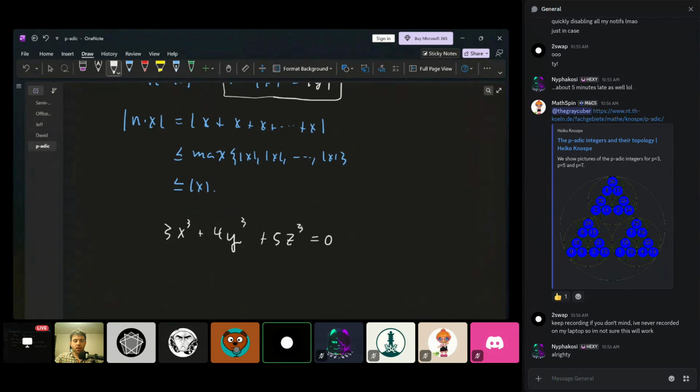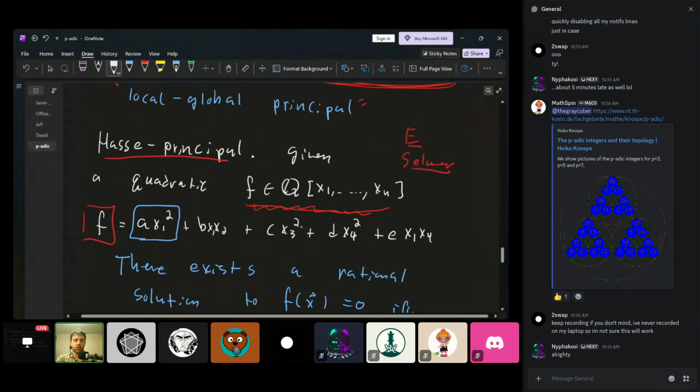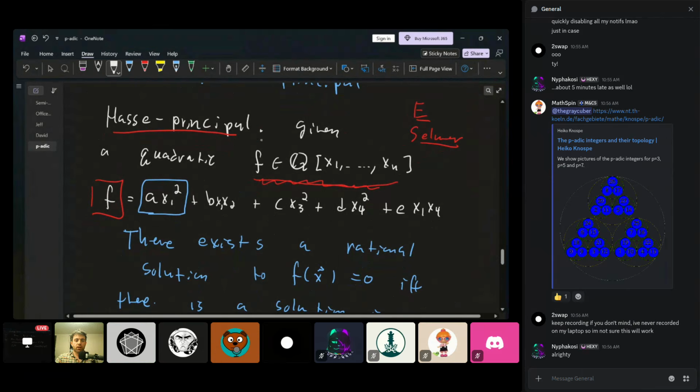Yeah. So up above I mentioned that there's this Hasse principle. It's a theorem, at least for quadratic forms over the rational numbers.